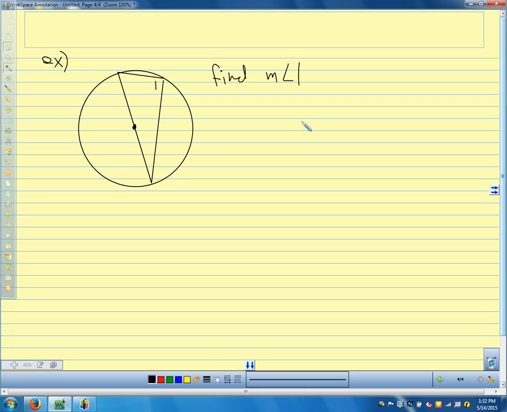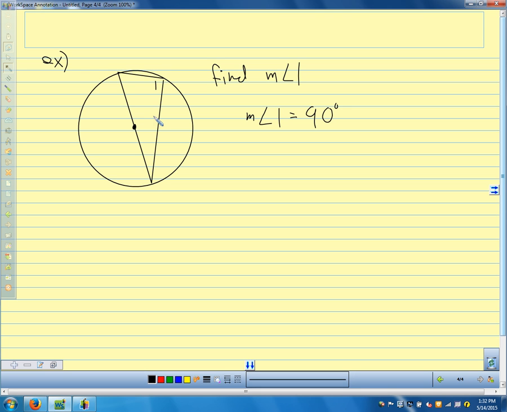So what's that angle going to be? 90 degrees. Why? It intercepts a semicircle. So this is a diameter. It goes through the center. So this arc is a semicircle. So that has to be 90 degrees. That one's pretty easy to figure out.